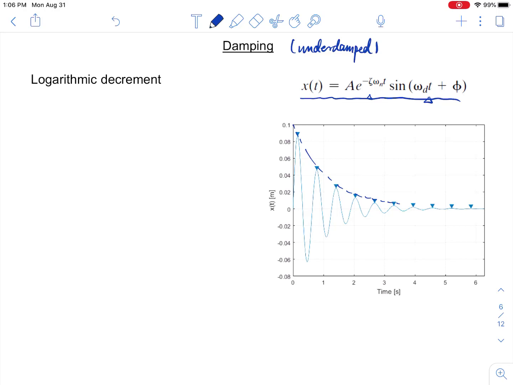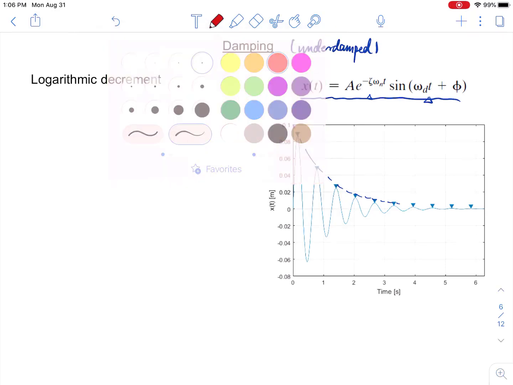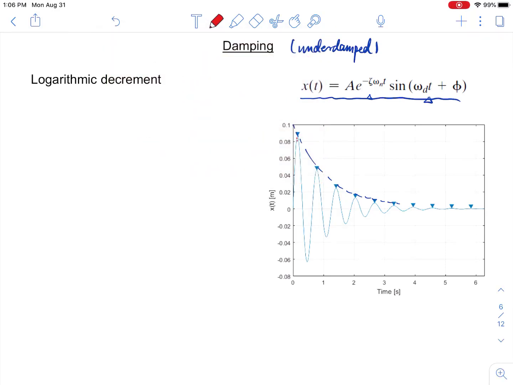So whenever you want to find the damping coefficient from a time domain plot, what you can do is first find the location of all the peaks, and then find the value of these peaks.